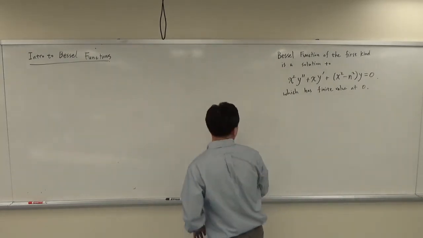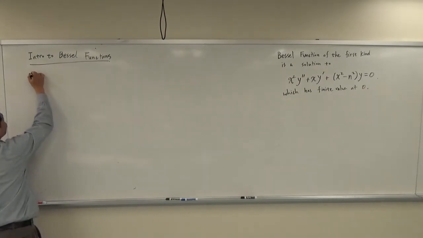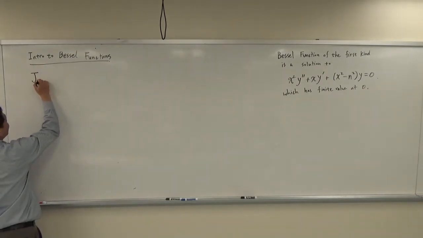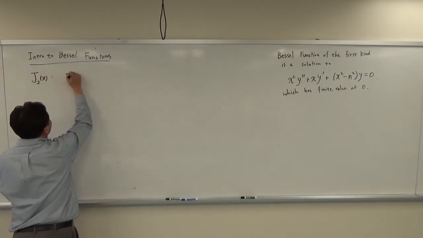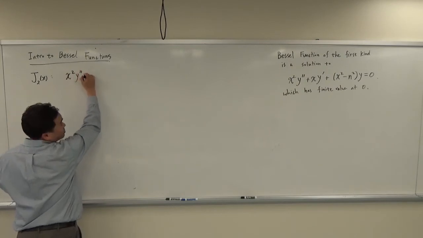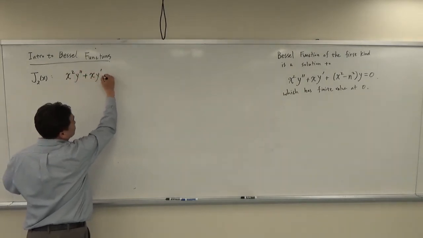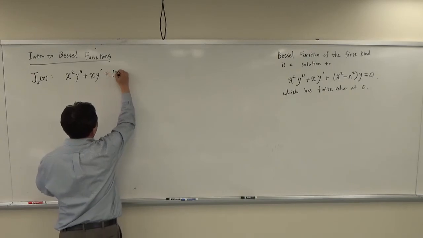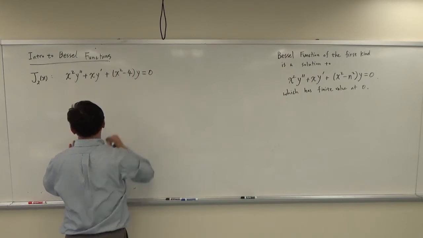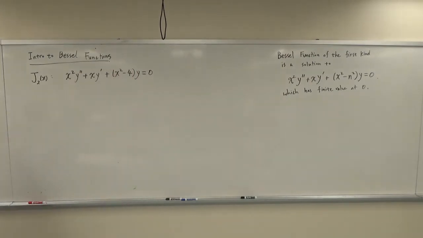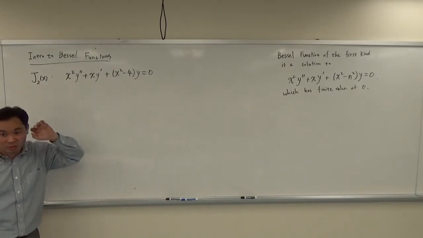And that one is called, usually people use J. I should have looked up why people use J, but J_2 of x would be a solution to x squared y double prime plus x y prime plus x squared minus 4 y equal to 0. That's going to be what it is. Okay? Some mysterious function is a solution to this differential equation.